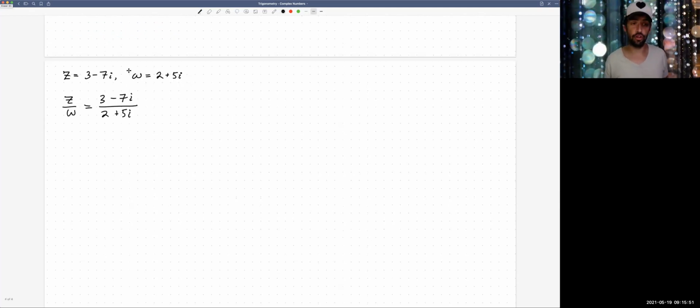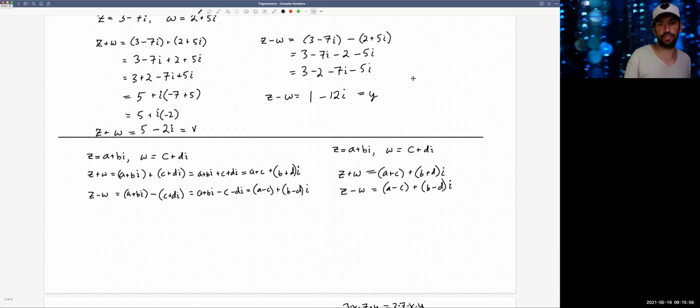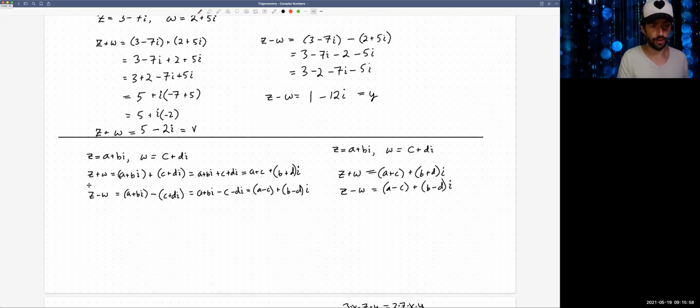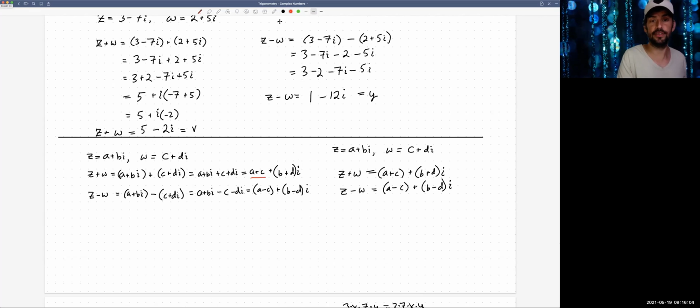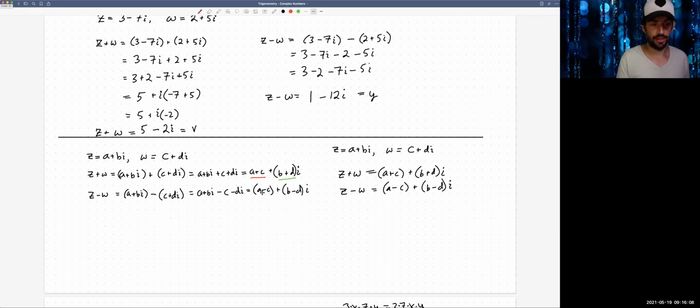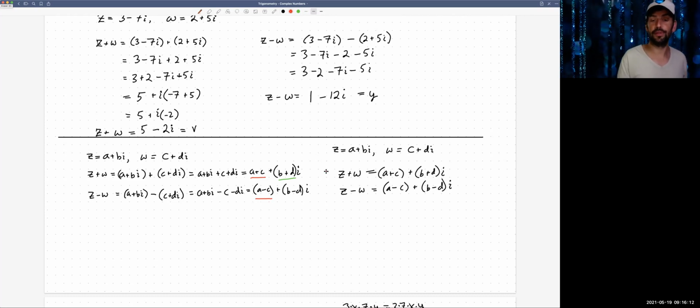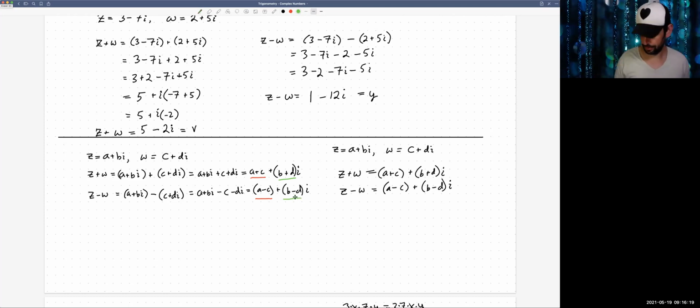Here's a big problem. Let's go back for 1 second and look at something. When I did addition and subtraction, notice when I added the numbers z and w, I got a new complex number, right? It had the real part a plus c and the imaginary part b plus d. The subtraction led us to the new number with a minus c as the real part, b minus d as the imaginary part, right?